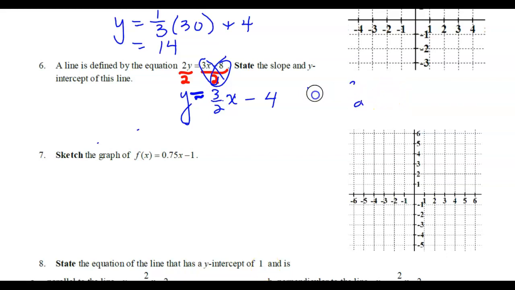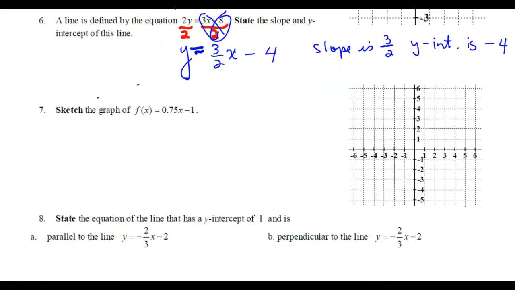Actually, I'll use the word slope. So slope is 3 over 2, and y-intercept, which I'll abbreviate to y-int, is -4. Make sure you take the sign in front of it.